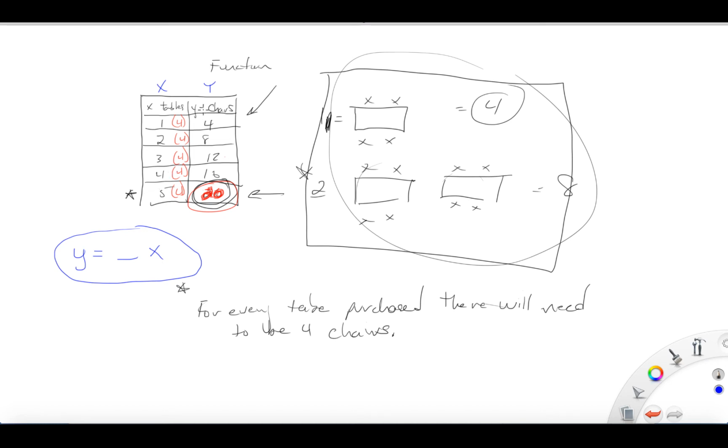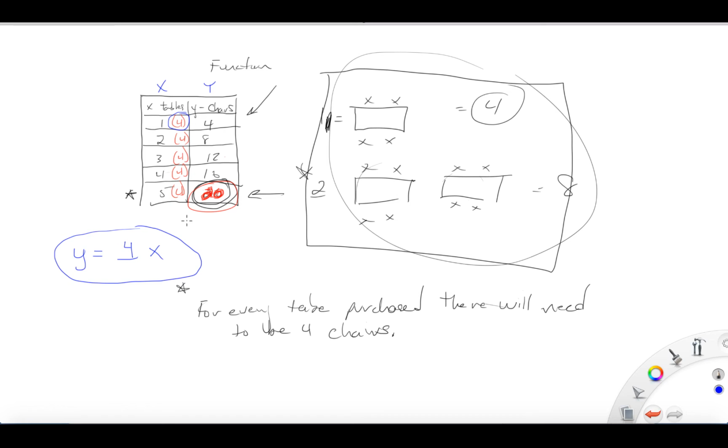If y deals with chairs, then it's going to tell us how many we have, and what was the number here that we put in, okay? 4x. Or we could say y, which is the chairs, equals x times 4.